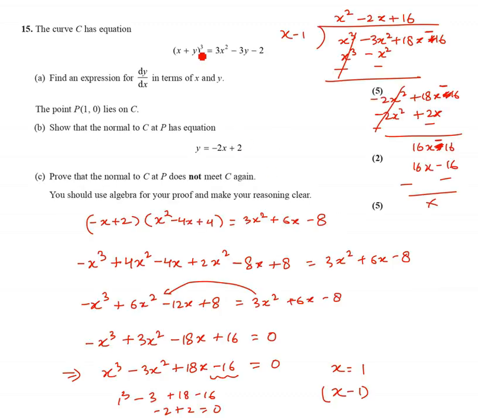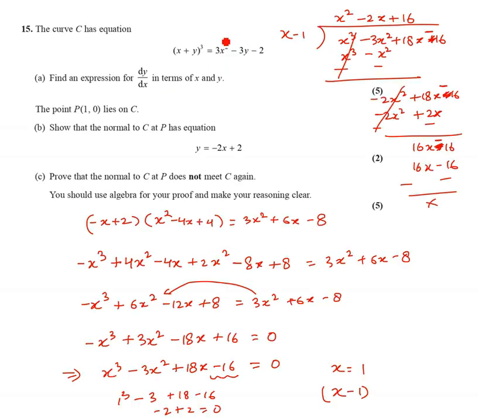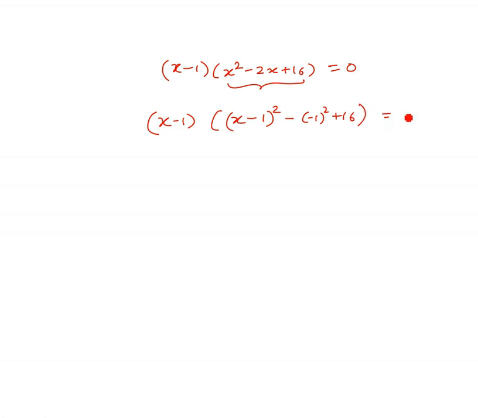Now you have x minus 1, and then x squared minus 2x plus 16 equals 0. This one looks like it is not factorizable, so let's do completing the square for this. This can be written as x minus 1 whole squared minus 1 squared plus 16.